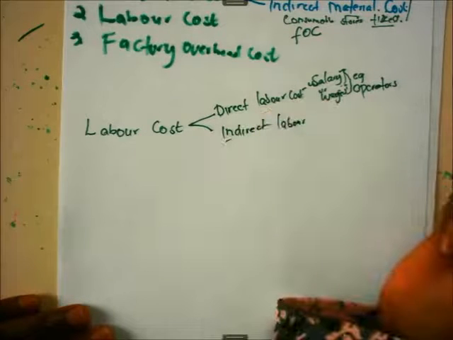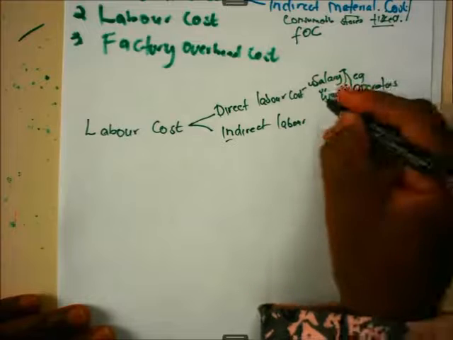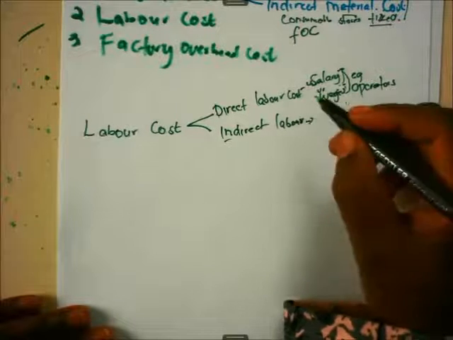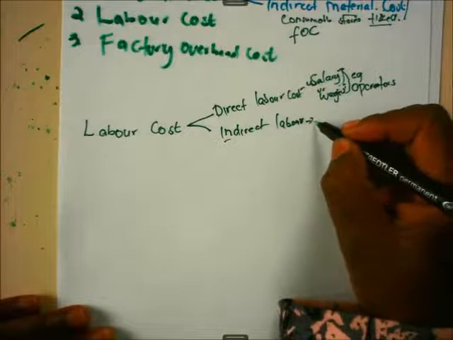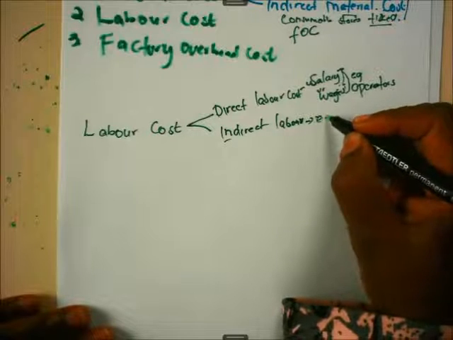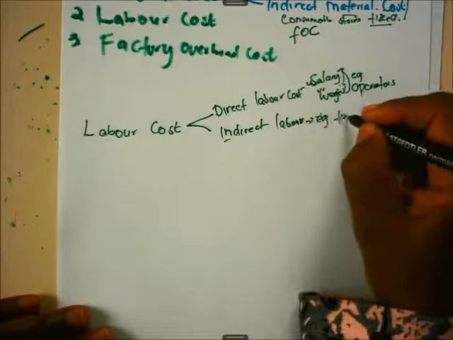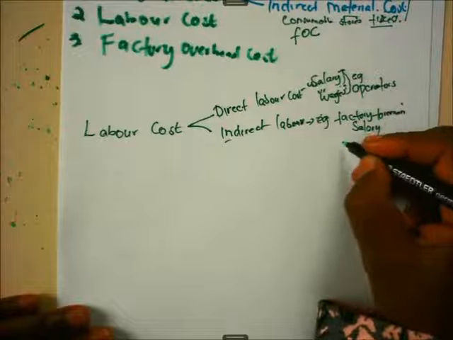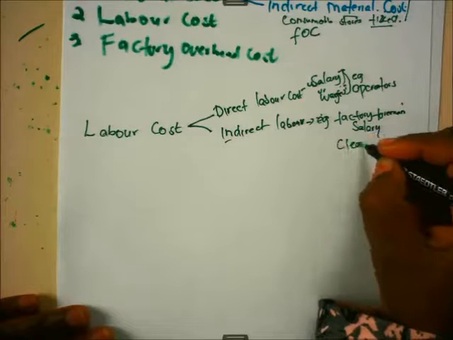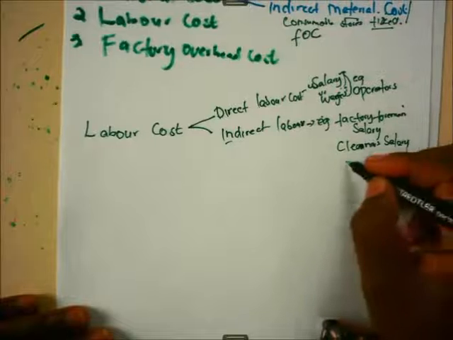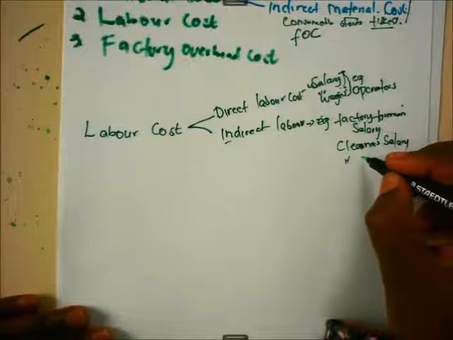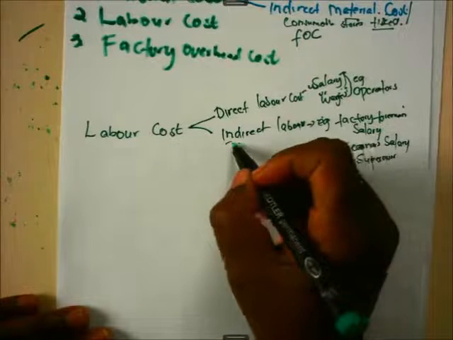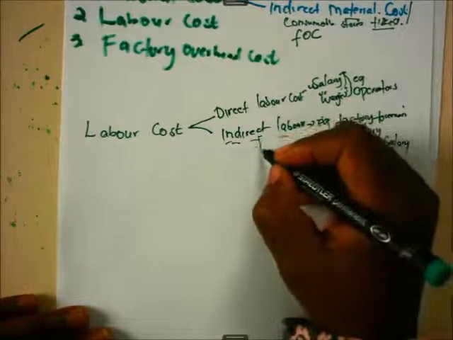Then we move to the indirect labor cost. These are indirectly involved in the production process. E.g., we have a factory foreman salary, salary of a cleaner, or salary of a factory supervisor. Also this cost is a fixed cost.